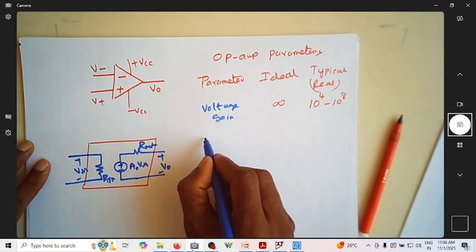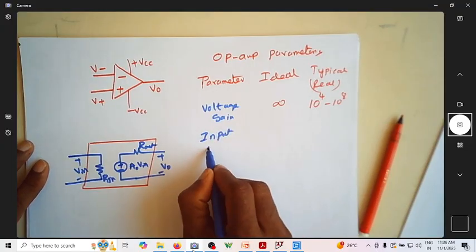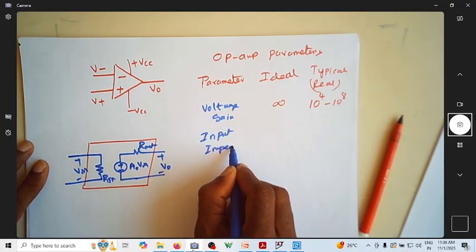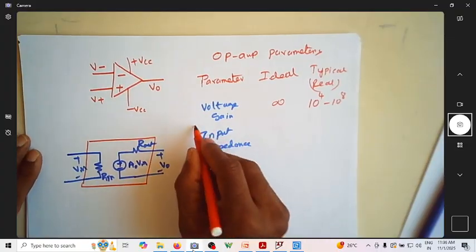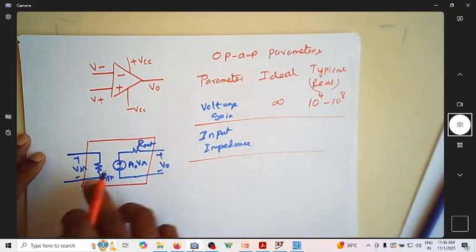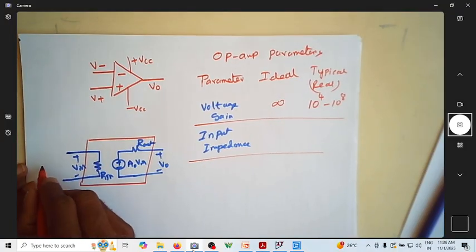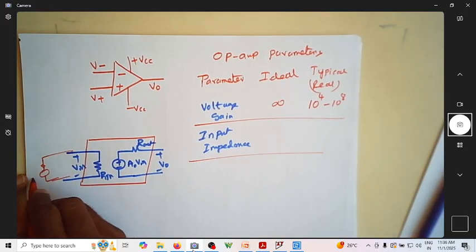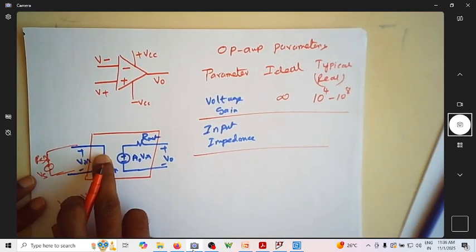Then comes the input impedance. As we already discussed in the previous videos, any amplifier should have infinite input impedance, so that when you have a source with some source resistance, the entire voltage Vs appears at V in. If V in has to be Vs, then R in should be infinite.